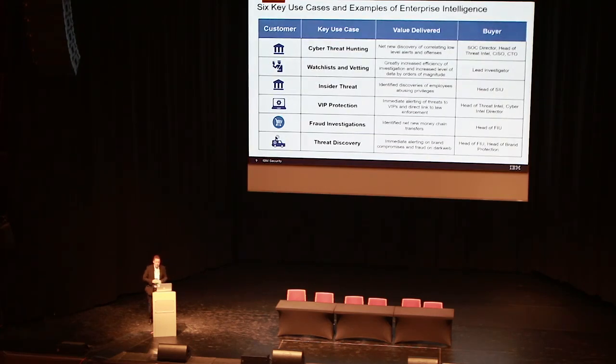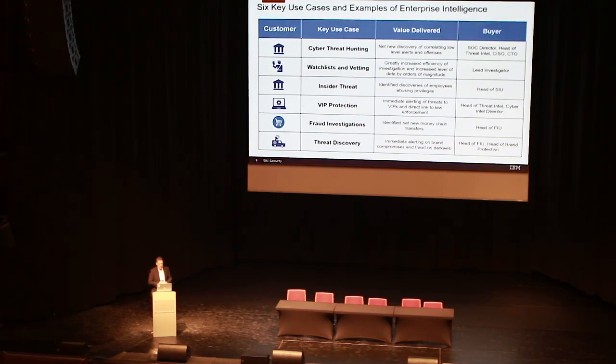Let me just show you the key use cases, and then I'm going to show you an exact use case of an insider threat, how this investigation is running. First is cyber threat hunting, a net new discovery by correlating low-level alerts and offenses. This is the goal and the value I2 can bring.